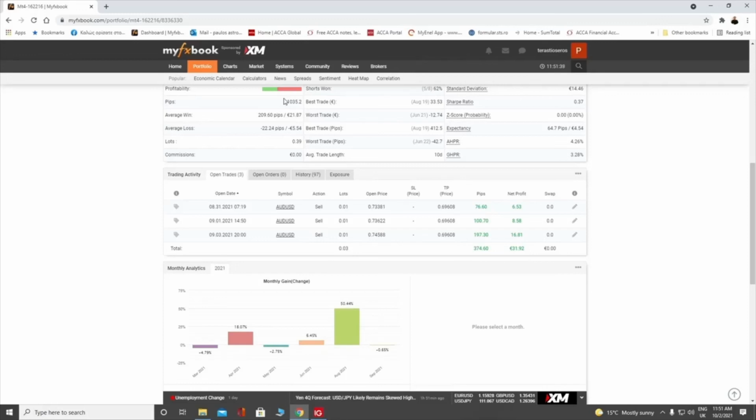This is a very important aspect while you are checking your risk reward ratio. You need to take into consideration every single part: profitability, the pips, the average win, and the average loss. And also you need many executed trades. This will keep you in the game.